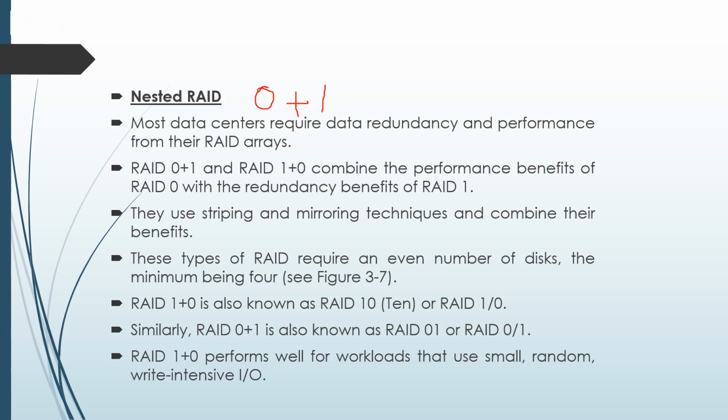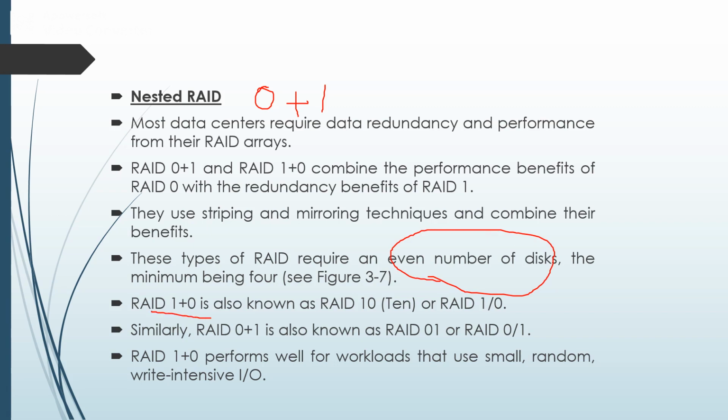In the case of RAID 0, as I mentioned, we are using the striping concept, and in the case of RAID 1, I use the mirroring concept, so that provides better security for the data. These types of RAID require an even number of disks, so I have to maintain an even number of disks within the RAID set.